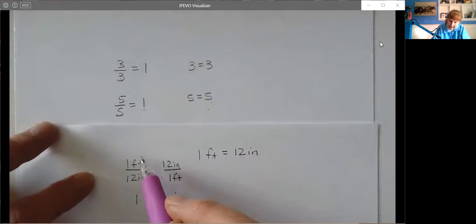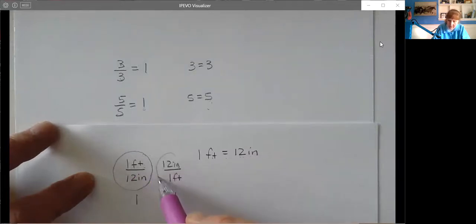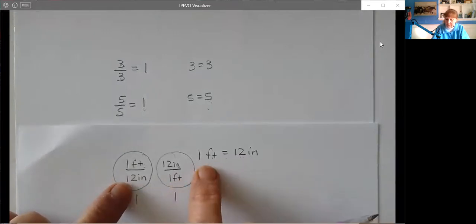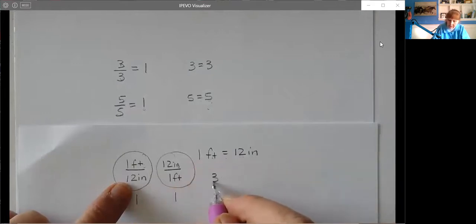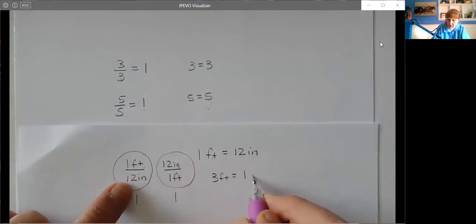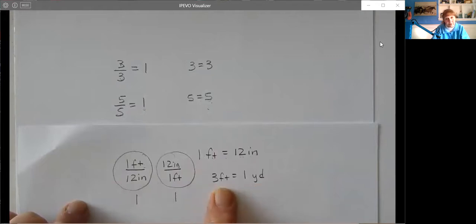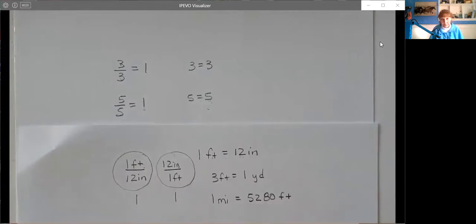So I'm going to be taking these ratios and multiplying them to a number, and we're going to use that for unit conversion. 1 foot is equal to 12 inches, 3 feet is 1 yard, or 1 mile is equal to 5,280 feet.